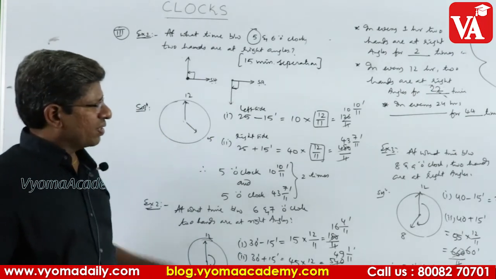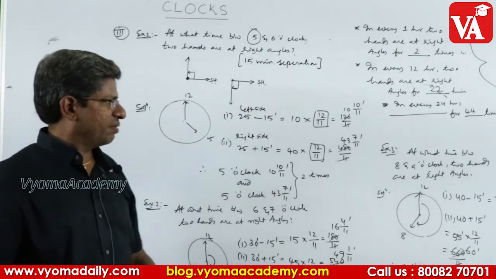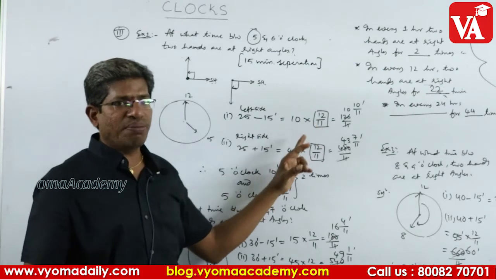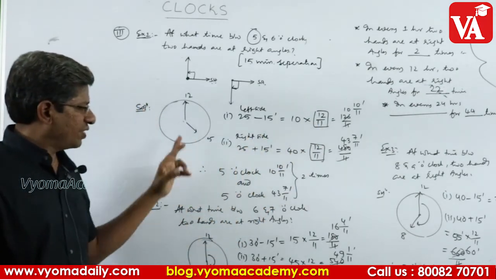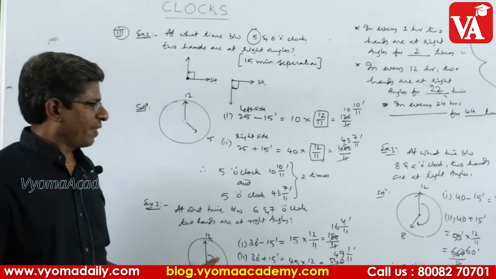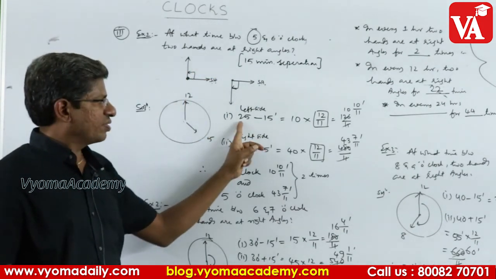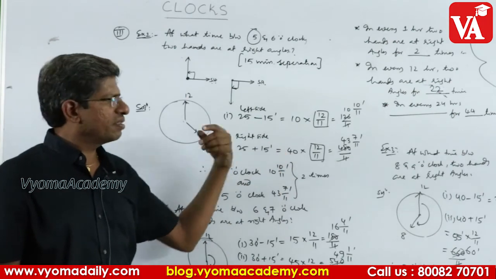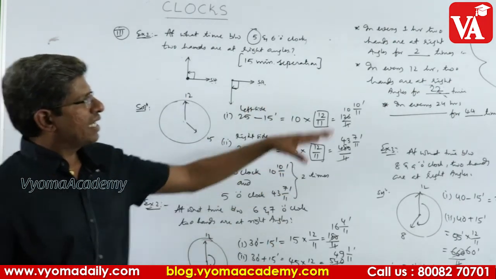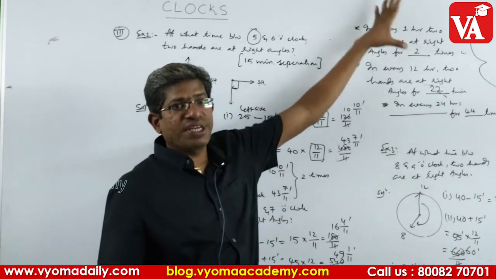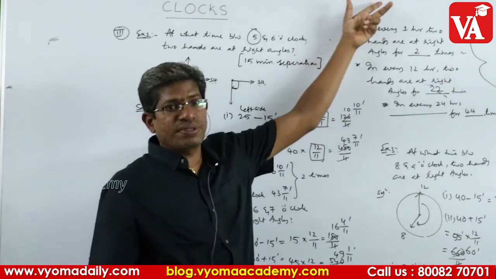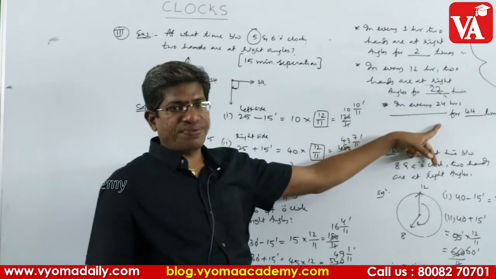So in all three models, the fundamental shortcut technique is the same, 12 by 11, but depending on the condition you have to check these numbers, then you can simplify. And in every model the conclusions are very important. The first two conclusions were similar, the third one is different.